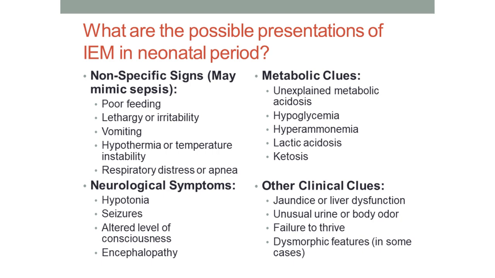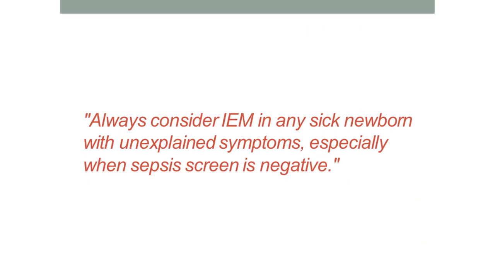There can be metabolic changes in the form of unexplained metabolic acidosis, hypoglycemia, hyperammonemia, lactic acidosis, ketosis. Other clinical clues could be jaundice or liver dysfunction, unusual urine or body odor, failure to thrive, and dysmorphic features in some cases.